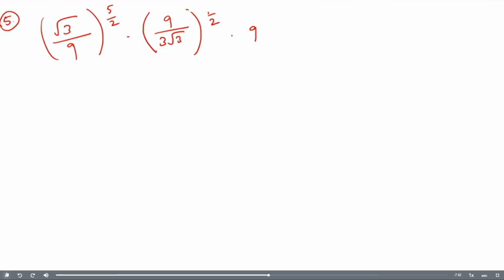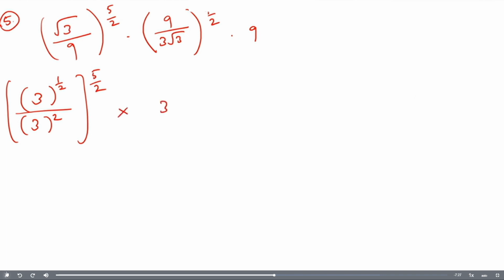We have to simplify this further. Root 3 you can write as 3 to the power 1 by 2, by 3 square whole power 5 by 2, into 3 square by 3 to the power 1 into 3 to the power 1 by 2, whole to the power 7 by 2, into 9.